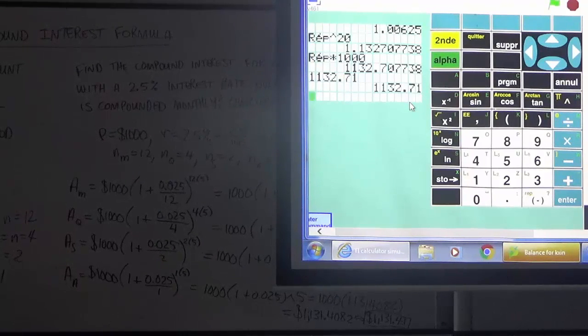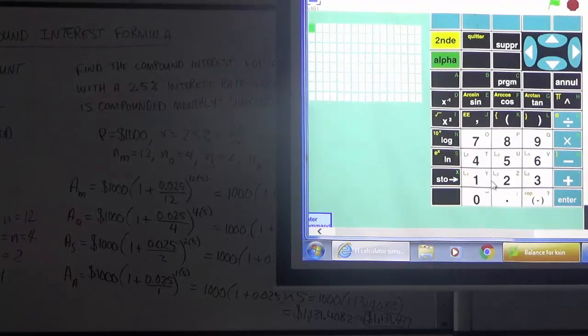Now moving up to the semi-annual, we have 1 plus 0.025, the percentage of 2.5% is 0.025, divided by 2. And that gives us 1.0125. And we're going to raise this to the power of 10 because 2 times 5 is 10. We press enter. I'm sorry, we're raising that to the power of 10.